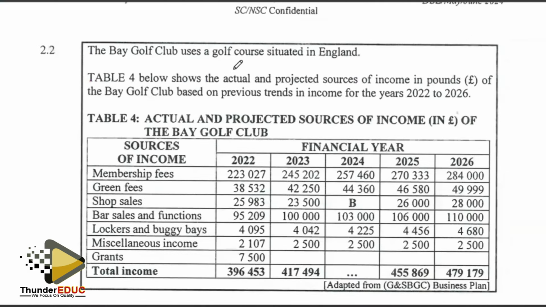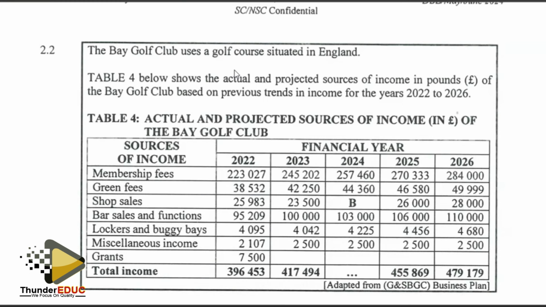2.2. The Bay Golf Club uses a golf course situated in London. Table 4 below shows the actual and projected sources of income in pound sterling of the Bay Golf Club based on previous trends in income for the years 2022 to 2026.